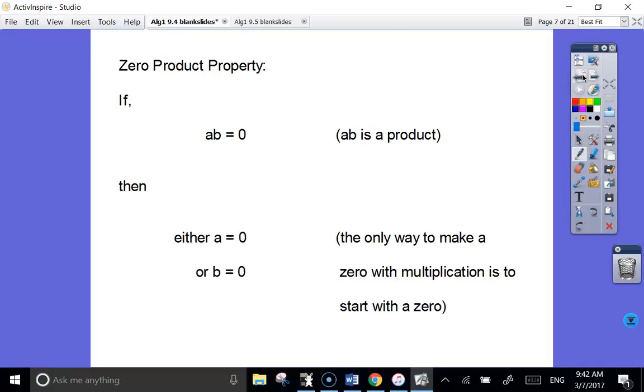That's the zero product property, and it's one of the main ways we solve equations. Until you get pretty far down the road in Algebra 2 and trigonometry, you get exponentials and logarithms that can't be solved that way. But this is the main principle for solving polynomial equations. If A times B equals 0, then either A equals 0 or B equals 0. One of the two has to be true. No other way to make a 0.